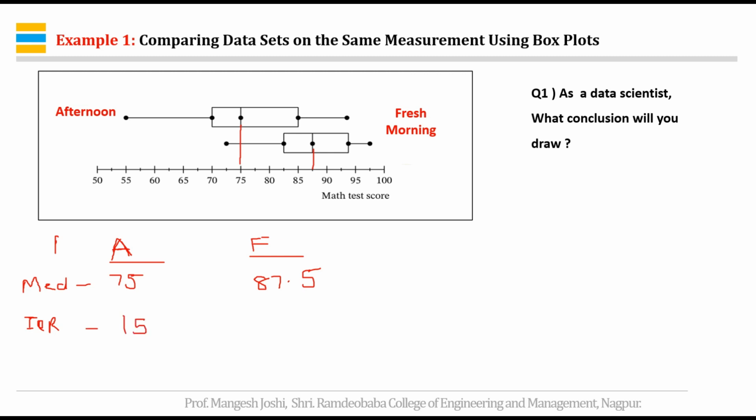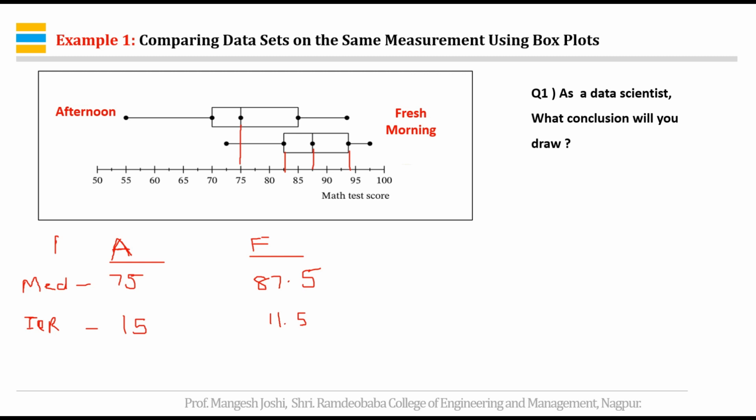And for the fresh morning session it is from 82.5 to this may be 94 or something, which comes out to be 94 minus 82.5, that is 11.5.